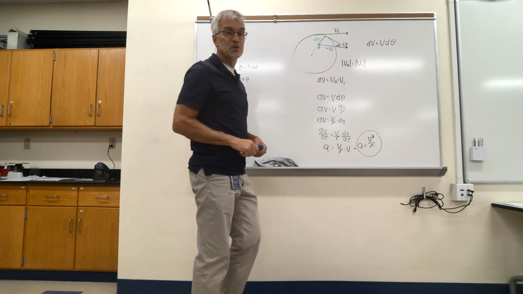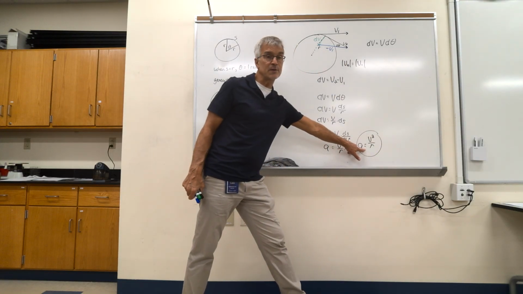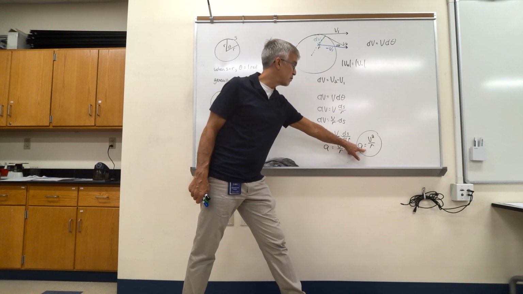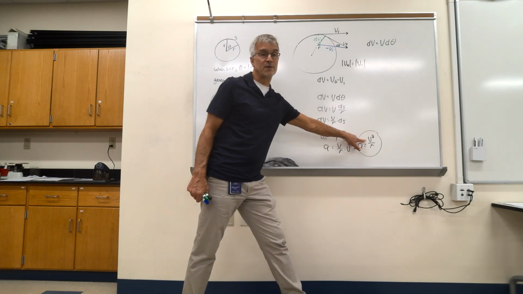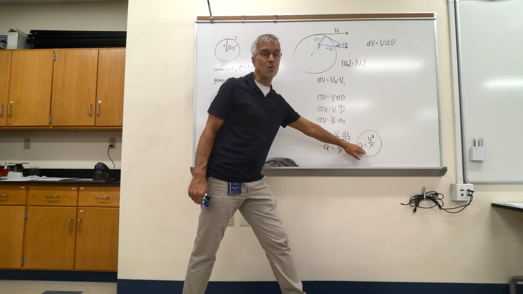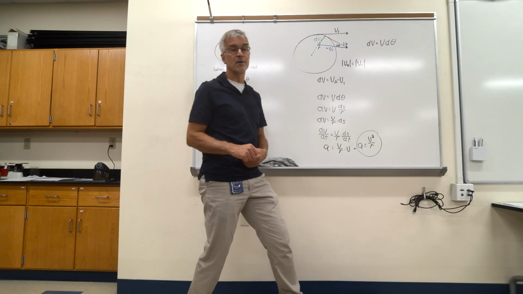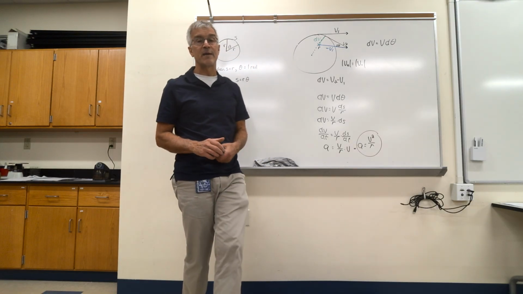And this is the centripetal acceleration. This equation gives us the size of the centripetal acceleration, because v is squared, it's always going to be a positive number. But we always know that the direction is toward the center of the circle. And this is either called centripetal acceleration or radial acceleration. Two words that describe the same thing.